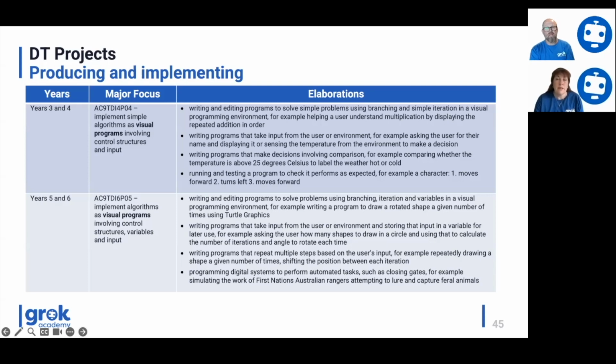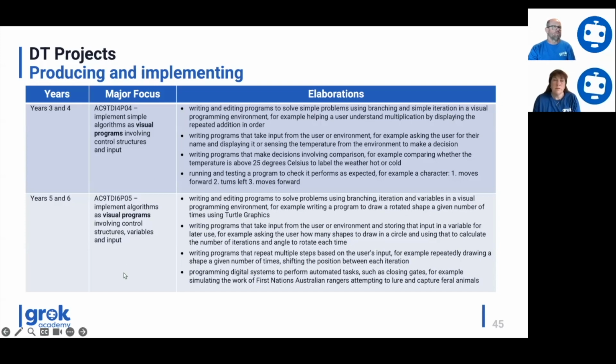I might just throw in here at the moment too, Meredith, looking at this particular substrand, you'll notice that all of the substrands through digital technologies have this combined two verbs in here, producing and implementing, or generating and designing. And in most of the cases, one of those verbs is in the content descriptions for digital technologies, and the other verb is actually used in the design and technologies subjects.